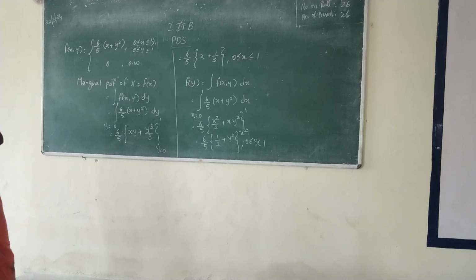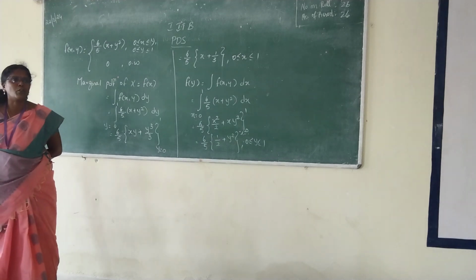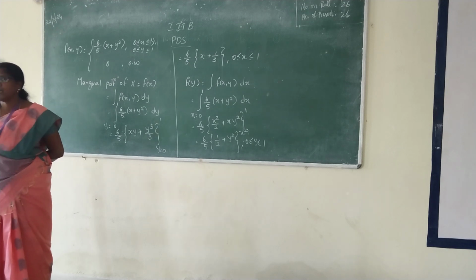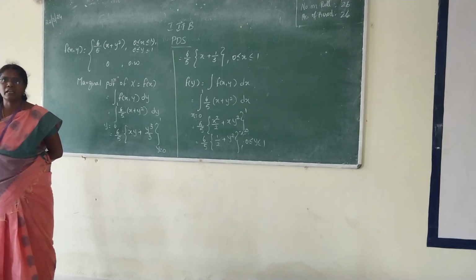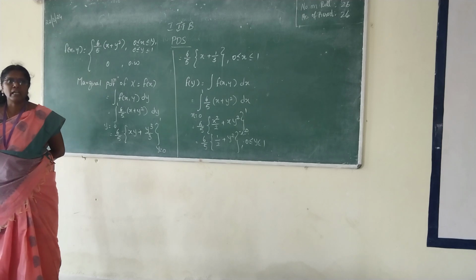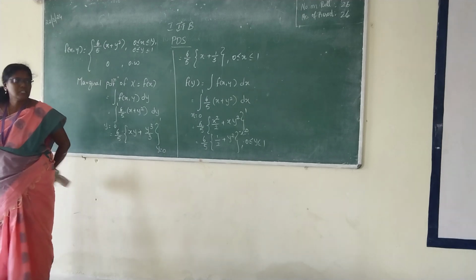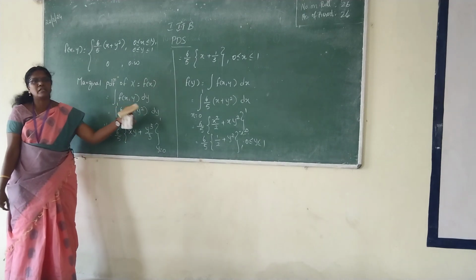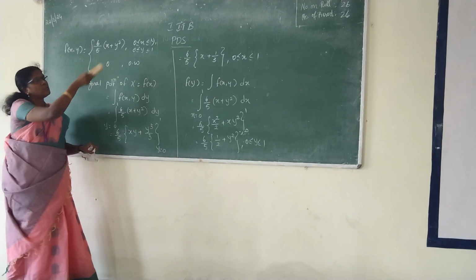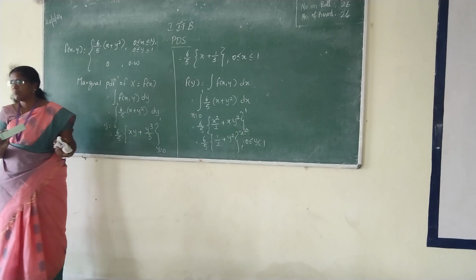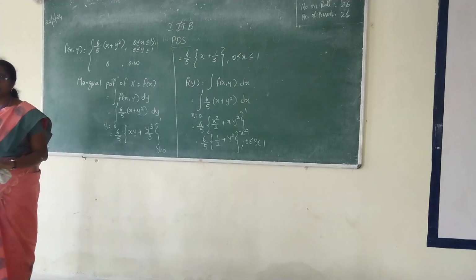In your previous semester, we discussed the changing of order of integration process, where we find the limit values by drawing the region of integration. You can draw and try to identify from that. But in most cases, when you discuss individually for f of x and f of y, directly substituting the limits will also work out. Even if you draw the region, you get the same limits only.